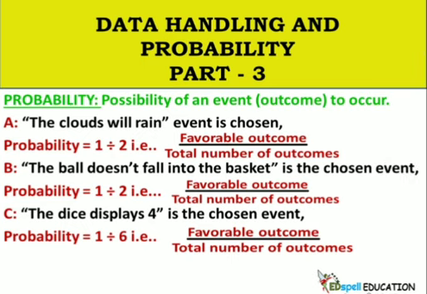Similarly, in example B, the ball doesn't fall into the basket is the chosen event. Here again the probability is 1 by 2 since the total number of outcomes is 2. In example C, the rolling dice displays 4 is the chosen event. Here the probability is 1 by 6 because the total number of outcomes here is 6.